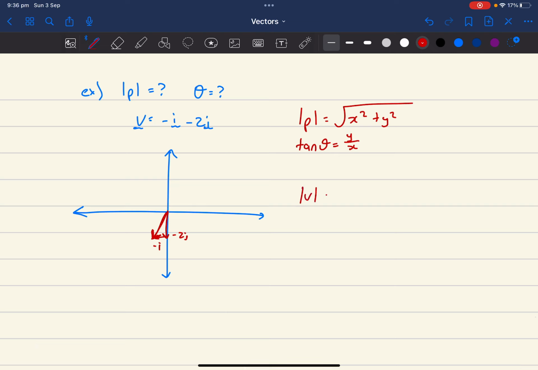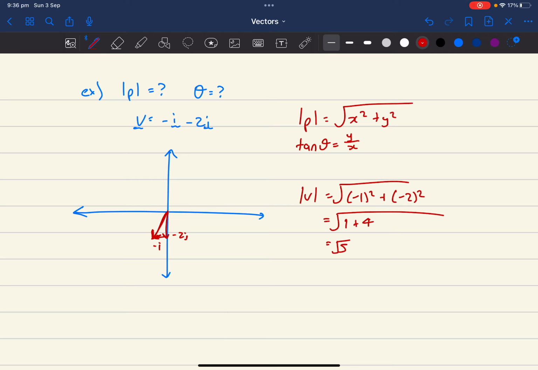So the length of v is x squared, so -1 squared is just 1, and then y squared, so -2 squared. So remember, squaring a negative number, it'll still be positive. So -1 squared is 1, -2 squared is 4.